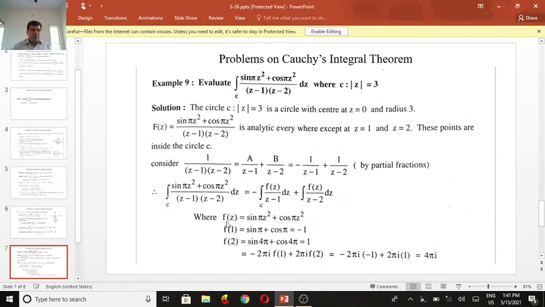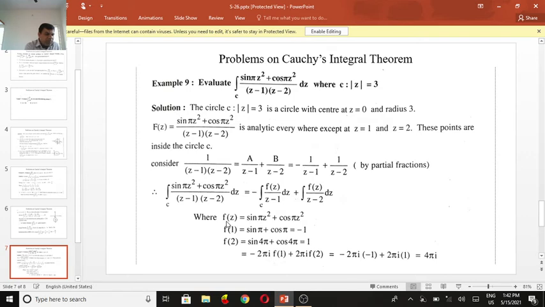Now we find the values of f of z. If f of z is sin pi z square plus cos pi z square, replacing z by 1, f of 1 equals sin pi plus cos pi. So sin pi is 0, cos pi is minus 1, so we get f of 1 equal to minus 1.